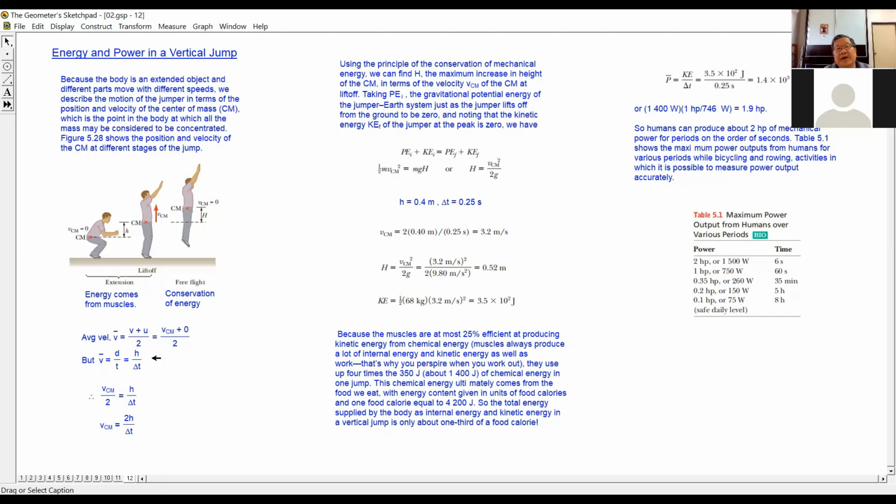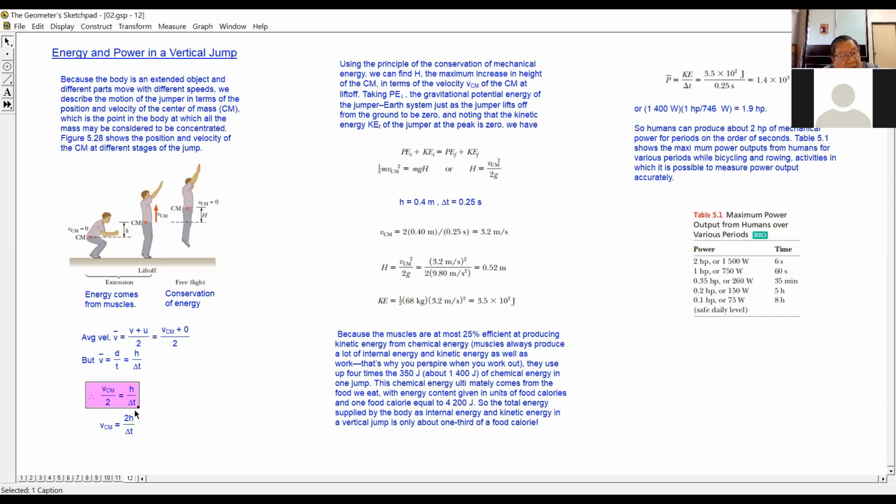One comes from the final velocity before he lifts off, and the other comes from the distance divided by time. Since both of them are average velocity, the two must be the same. So VCM over 2 must be h divided by delta t. VCM over 2 is the average velocity.